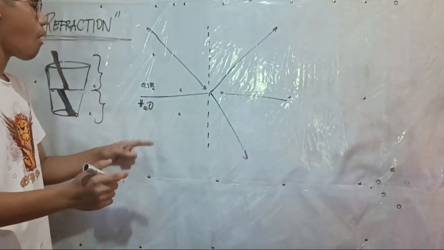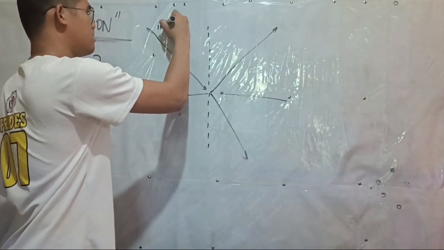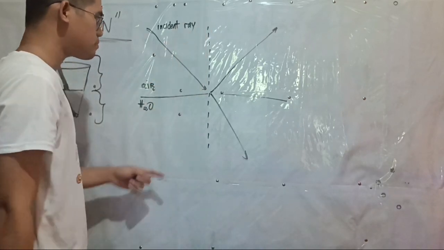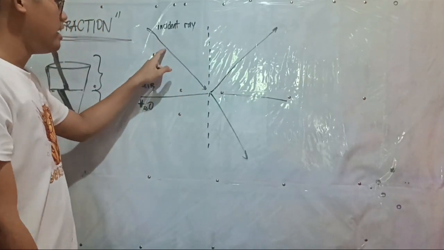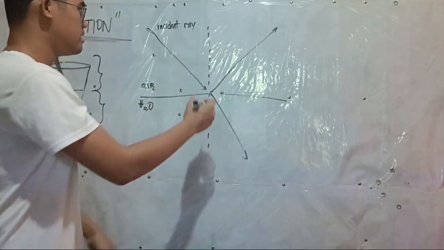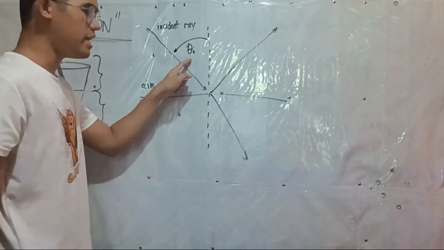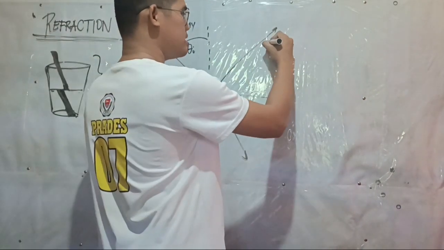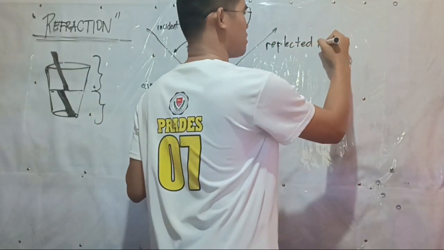So now, this ray right here, we call our incident ray. The angle between our incident ray and our normal line is represented as theta I, or the angle of incidence. Here, we call this our reflected ray.